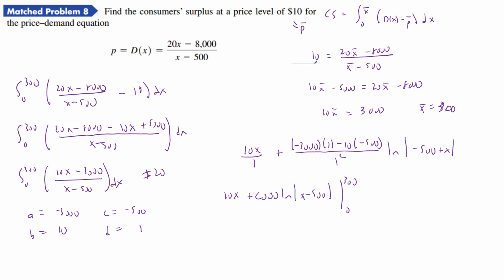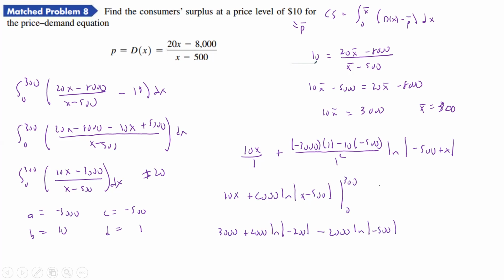So first, plug in 300. That's going to be 3,000, plus 2,000 ln of minus 200. Then I subtract plugging in 0, which gives 2,000 ln of negative 500.